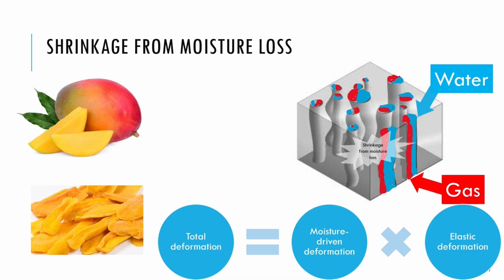Now, if we write the equations of mechanical equilibrium, we relate the stress on the solid skeleton to total deformation. Now, the total deformation is made up of this moisture driven deformation and the restraining effect of the solid.